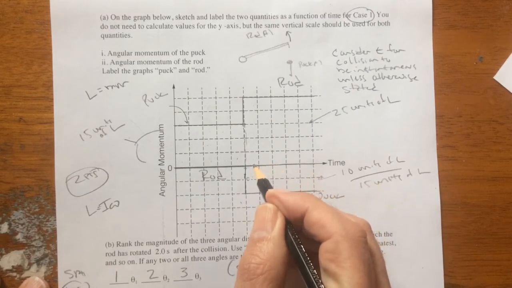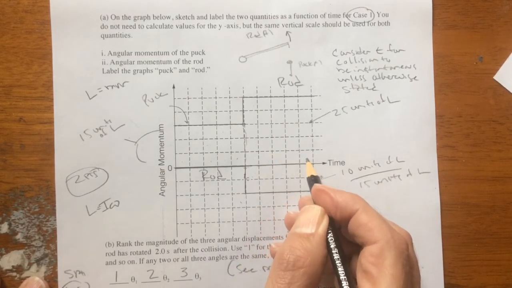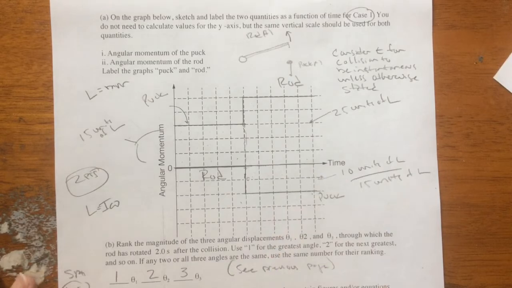I've got 5, 10, 15, 20, 25 units of positive angular momentum. 25 minus 10 is 15. 15 units of angular momentum. And that's all they want to see. That's all they want to see. There's no reason to torture yourself. Right?